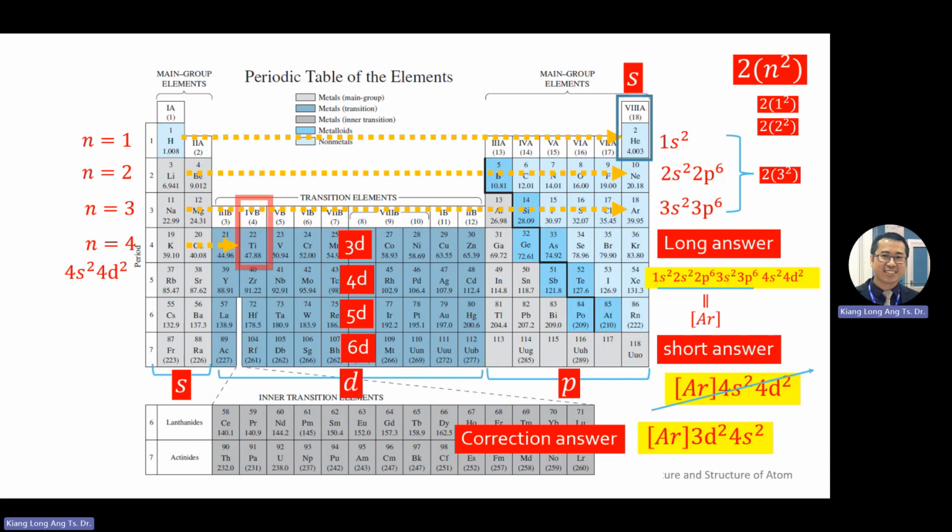The answer will be argon bracket 3d2, 4s2. Why? Where is titanium? Here, under the 3D dimension. So 4s2, but here 3d1, 3d2. Makes sense?